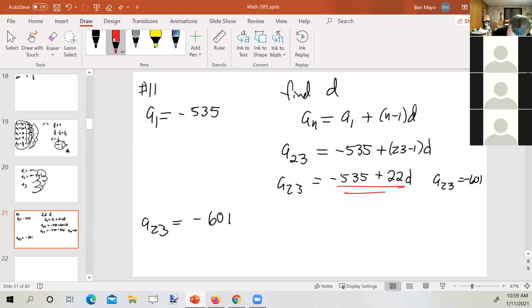So this equals that. Negative 535 plus 22D equals negative 601.